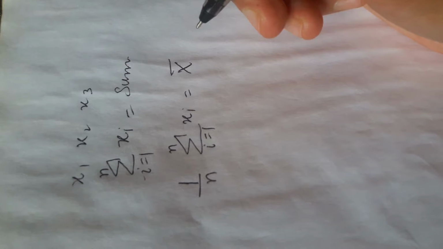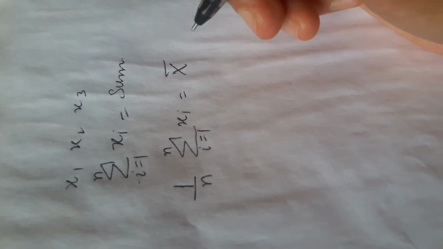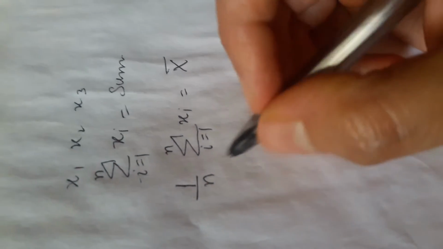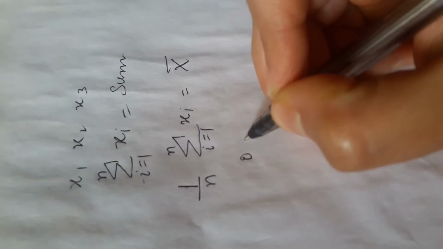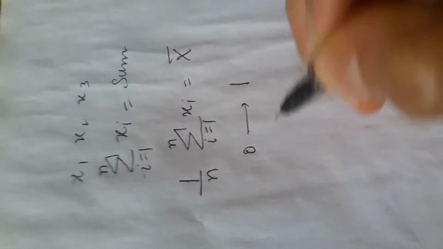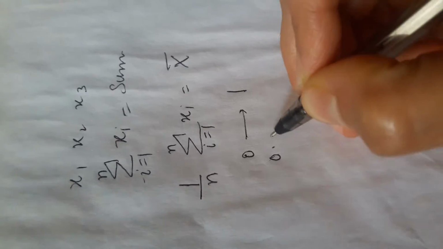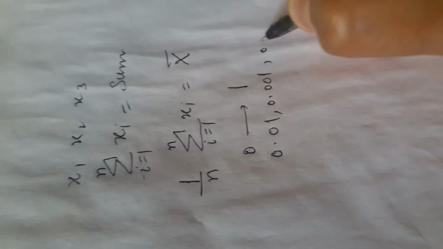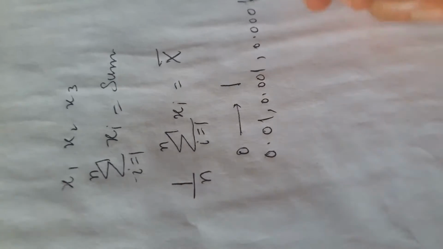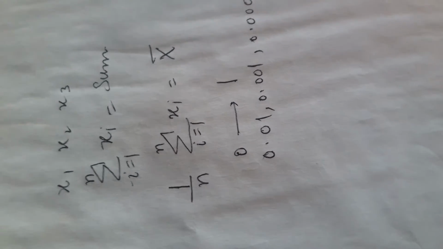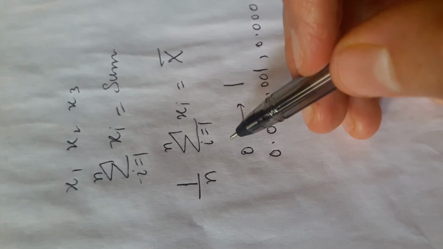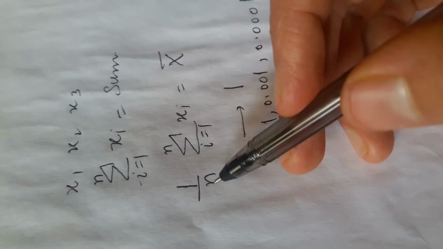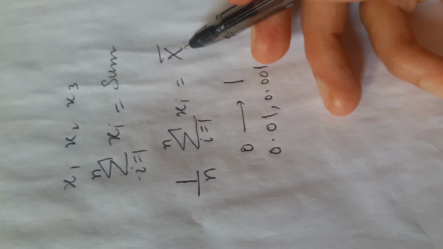But in case you add up certain continuous quantities, continuous I mean that for instance from 0 to 1 you can choose an infinite number of values, say 0.01, 0.001, 0.0001, and so on. Therefore, in that case, this n tends to infinity. And whenever we divide this expression by infinity, this comes out to be 0.